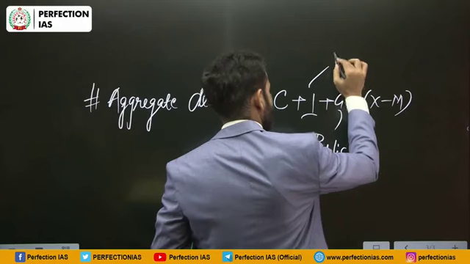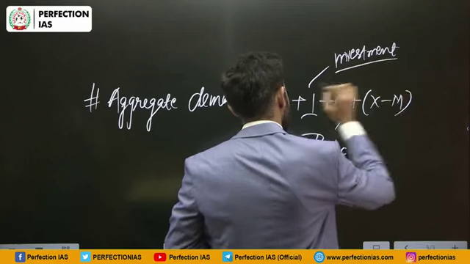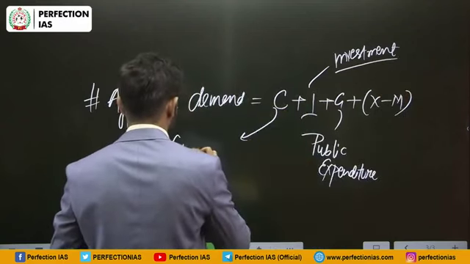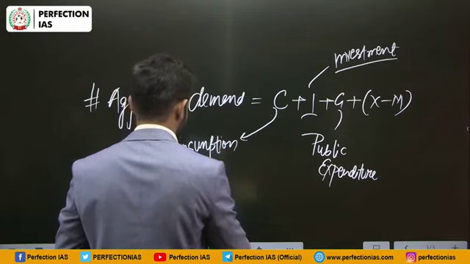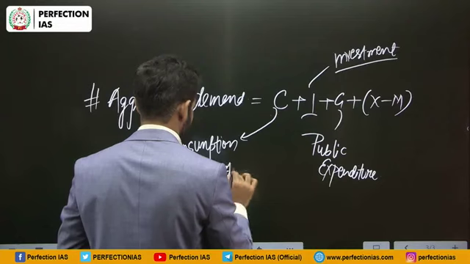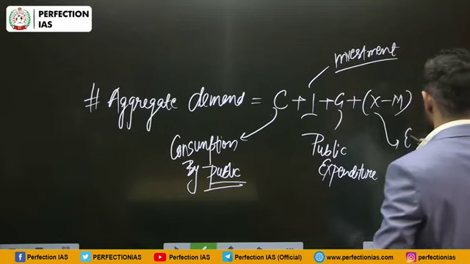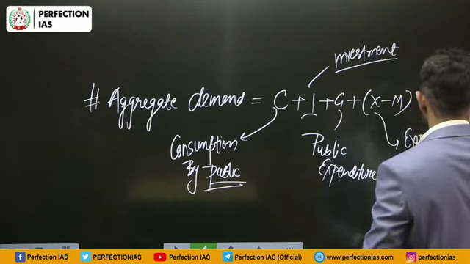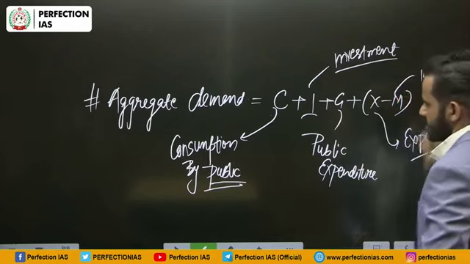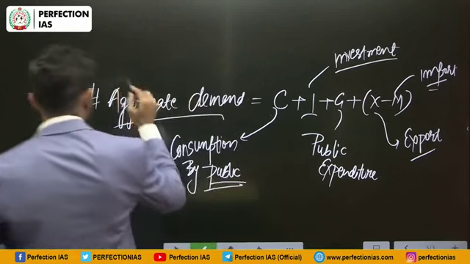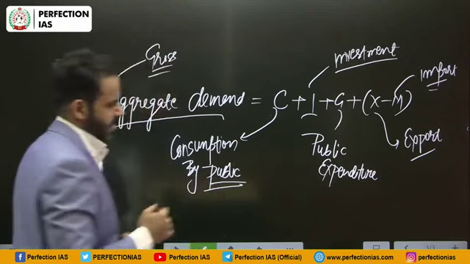X stands for exports, M stands for imports. Now this is aggregate demand or total demand. Aggregate means gross, total. So this is the total demand in an economy.